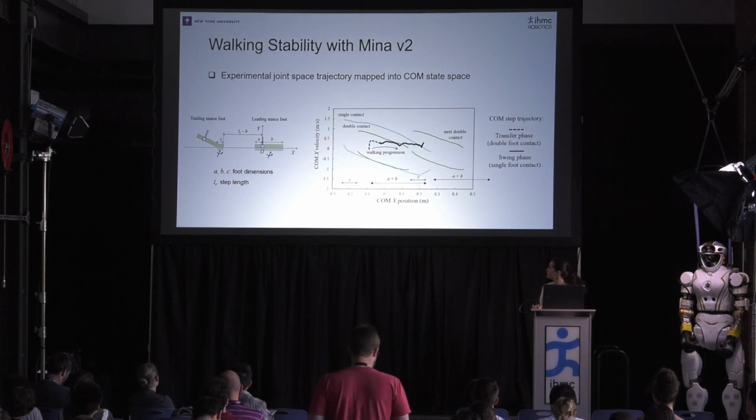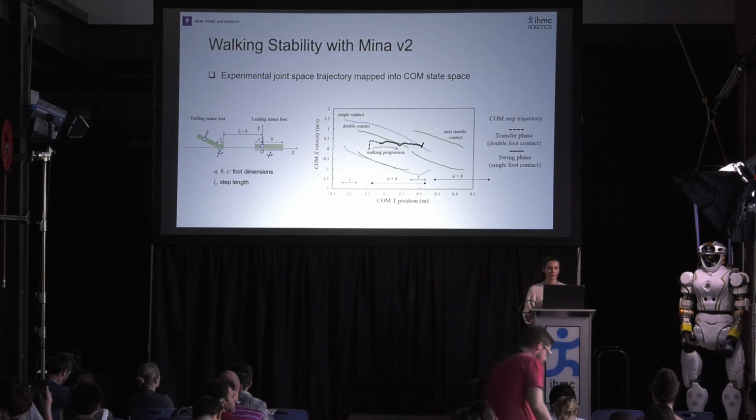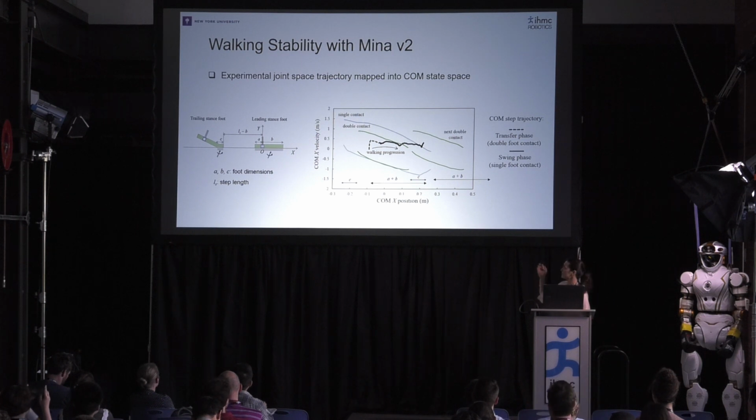These experimental walking trajectories are mapped from joint space to center of mass state space, and we see them here in black in the results. I show the forward walking projection this way. That trajectory contains a transfer phase and a swing phase for one full step cycle.